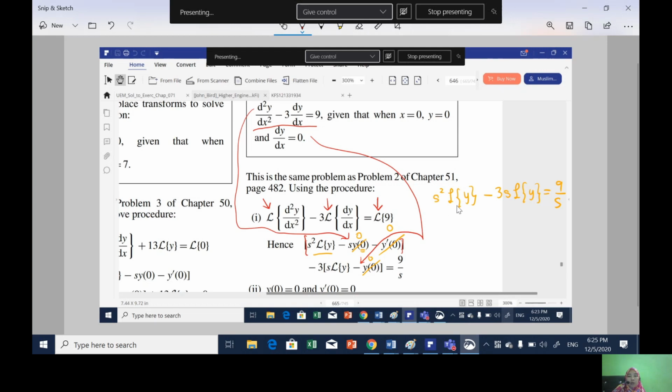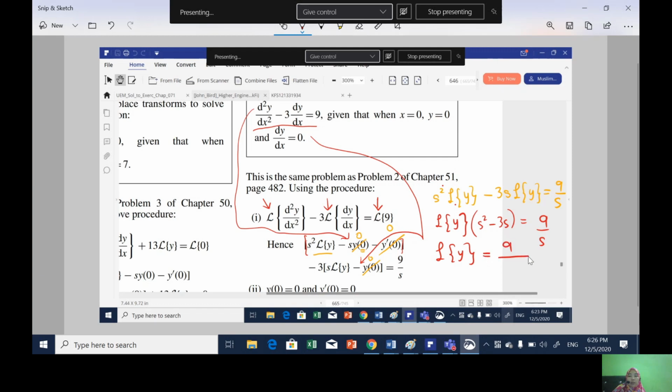So we take out LY and factorize. Now in the bracket we have s squared minus 3s, equal to 9 over s. So we have LY, and the other part we bring to the other side.